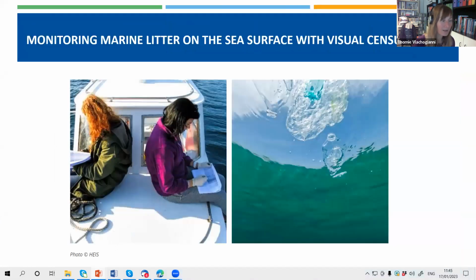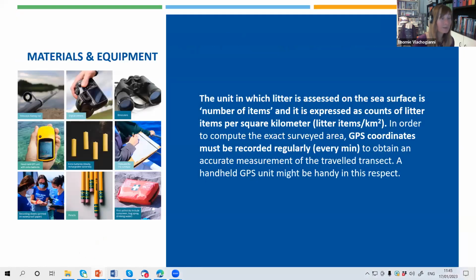So this is also another idea of how things could look like. We could have 2 observers looking at each side of the vessel, and therefore increasing the size of the transect of the sampling unit.